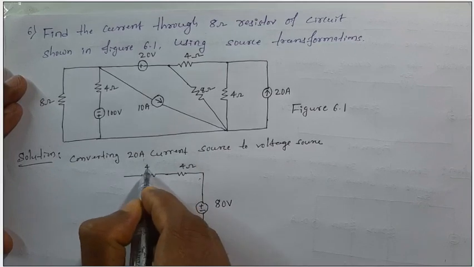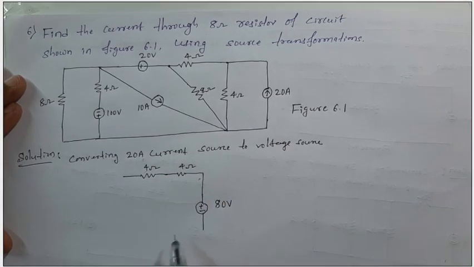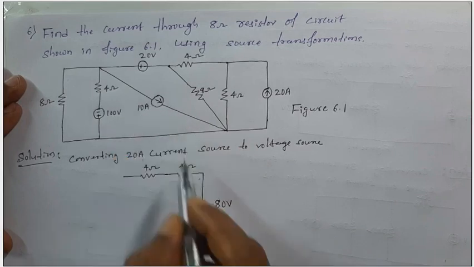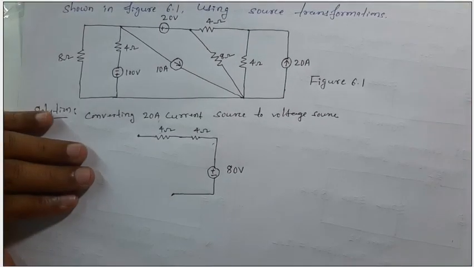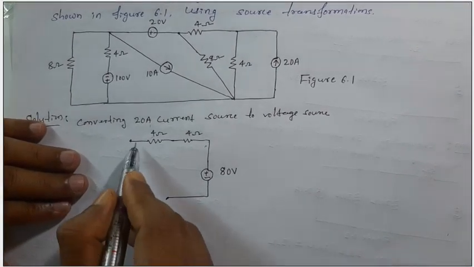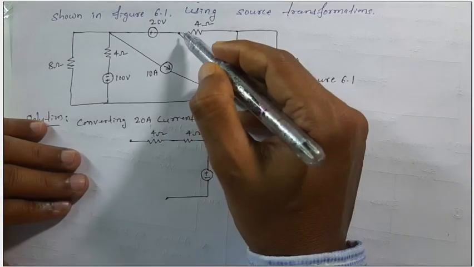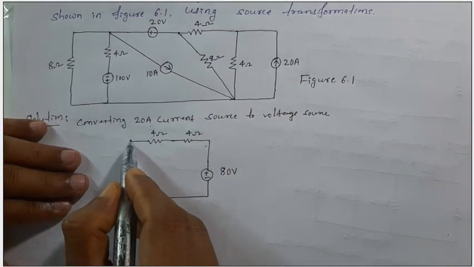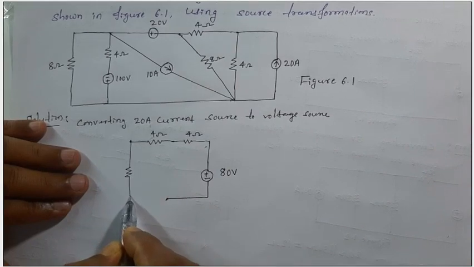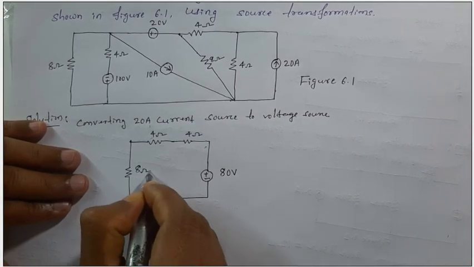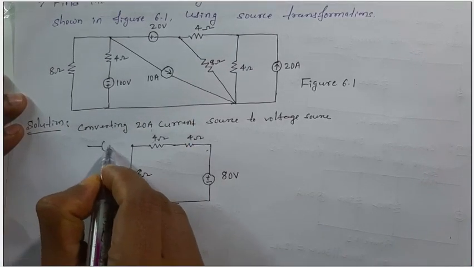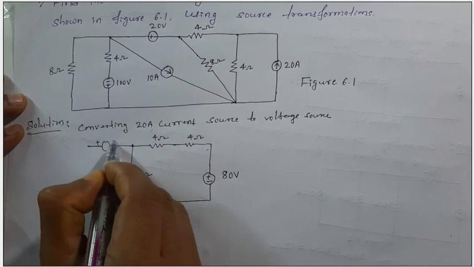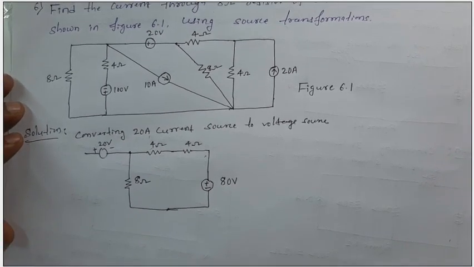it will come here. And dear students, between this point and this point there is 8 ohm resistor. Because this 8 ohm resistor is connecting from this point to this point, I'll directly write like this, a little bit change, 8 ohm, and this is a 20 volt voltage source, I'll write as it is.